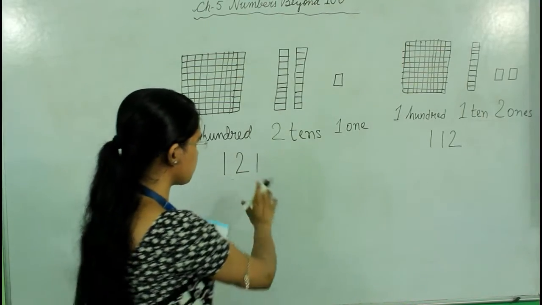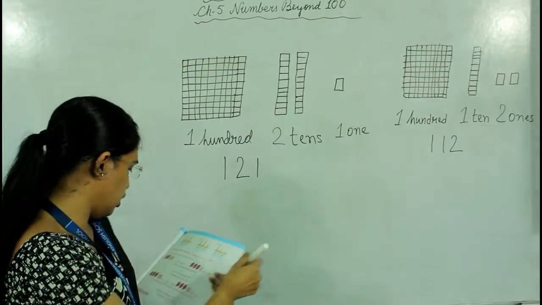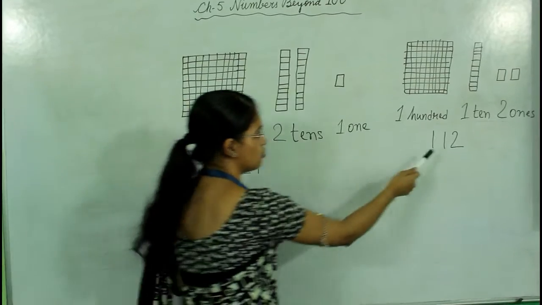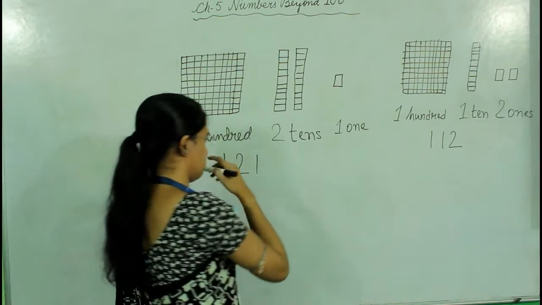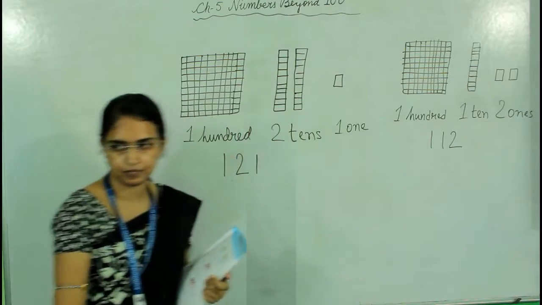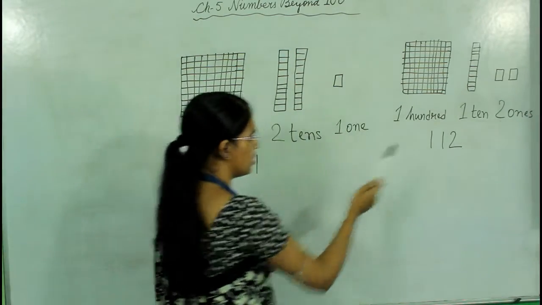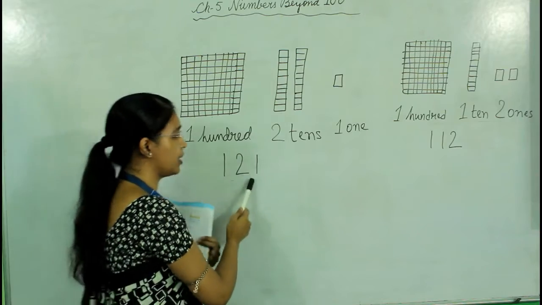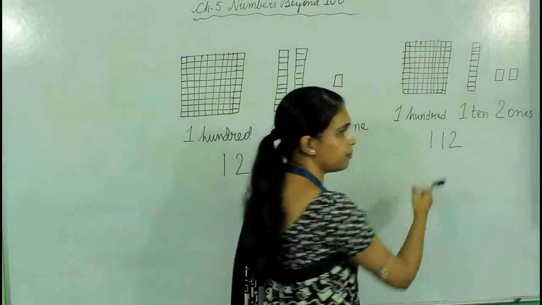So now what you have to do, you have to look and compare these two numbers and find out which one is greater than the other number. Okay, now you have to compare these two numbers. So 121 is the bigger number or 112 is the bigger number?